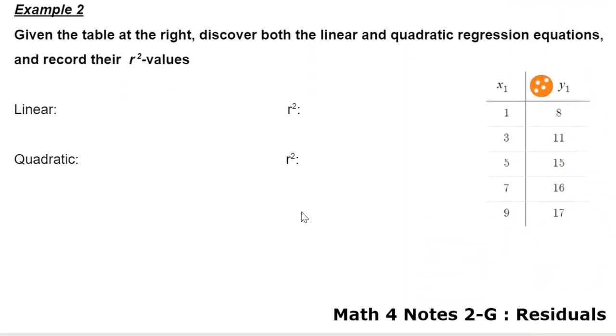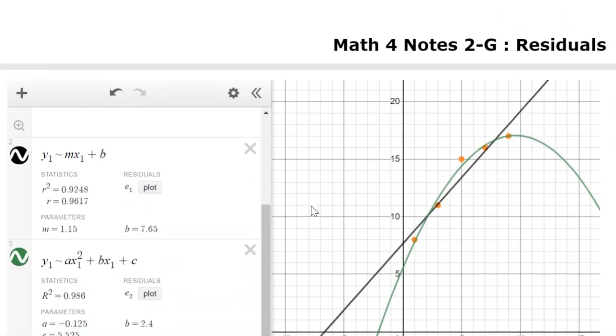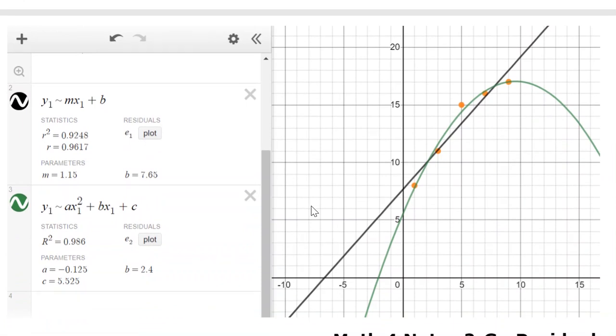All right, so the idea was to look at this chart, both linear and quadratic, and record their r-squared values. We have to write the equation as well. I've done a screenshot of what it would look like.